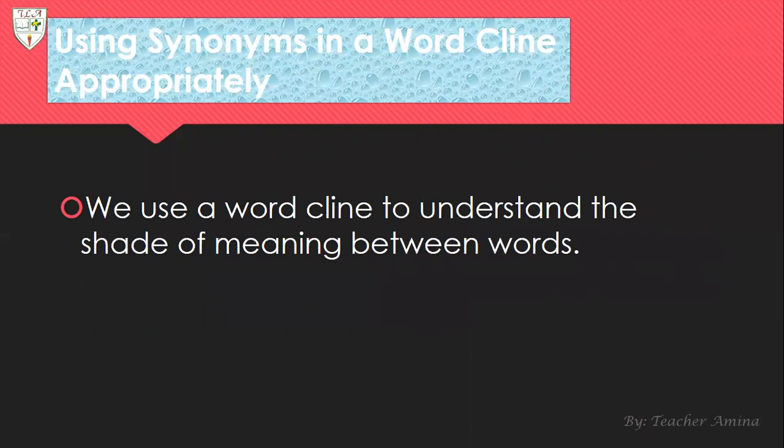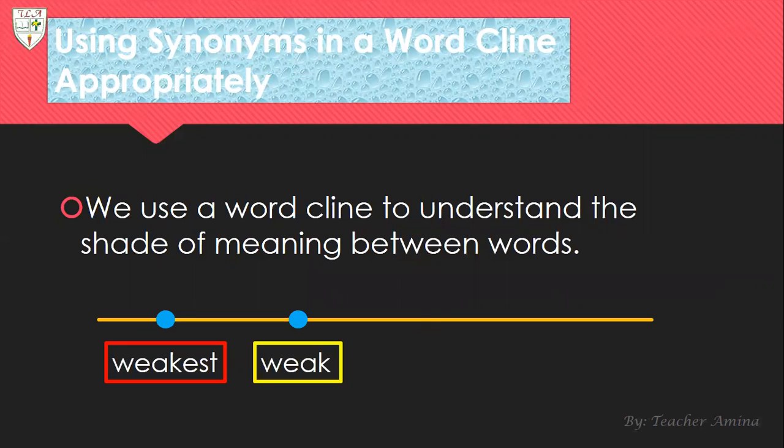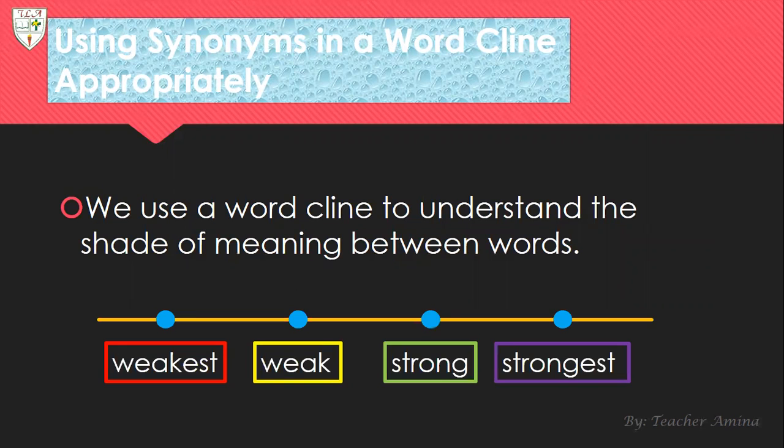We use a word cline to understand the shade of meaning between words, if the word has a weak meaning or a strong meaning. So this is what a word cline looks like. So the meaning of the word may be the weakest, weak, strong, or even the strongest.